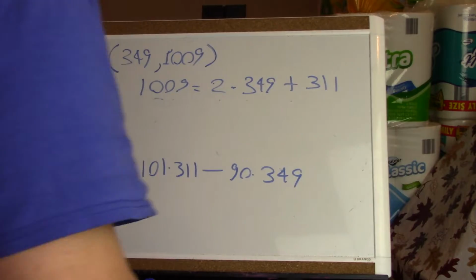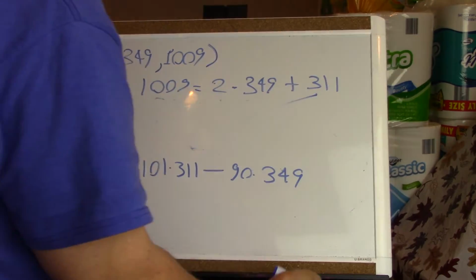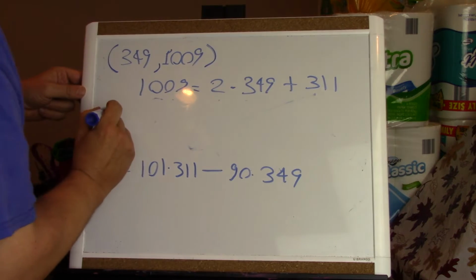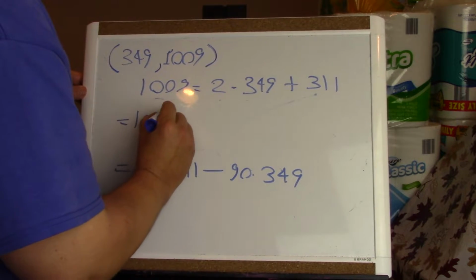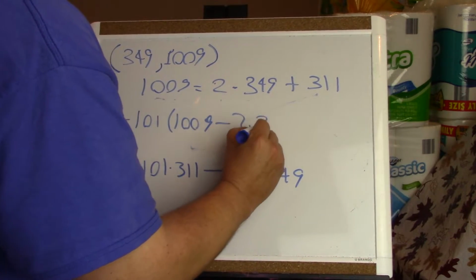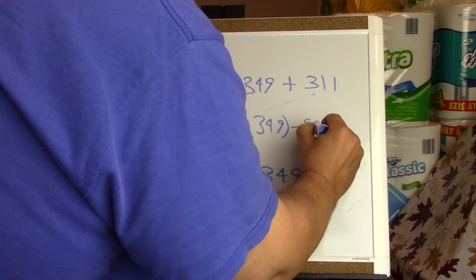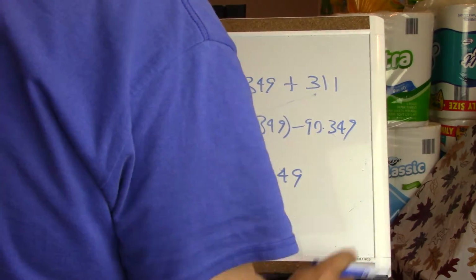And then this gets substituted here. So this is 101 times 1009 minus 349 minus 90 times 349.